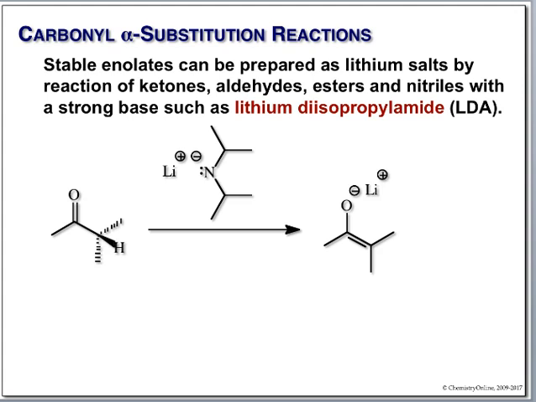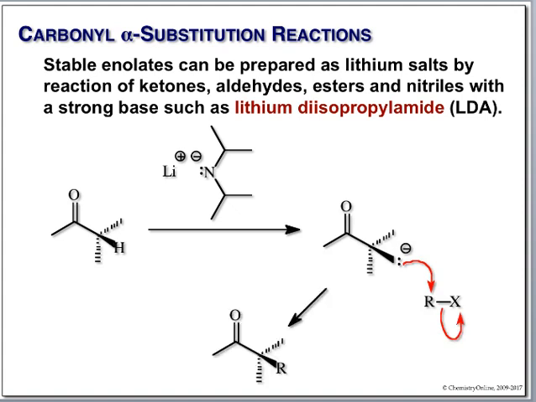Now, because of the tautomerization, we still have negative charge down here, don't we? So if we take this, dump in an alkyl halide of some sort, the carbanion at this point can attack, and we have alkylated our alpha carbon.